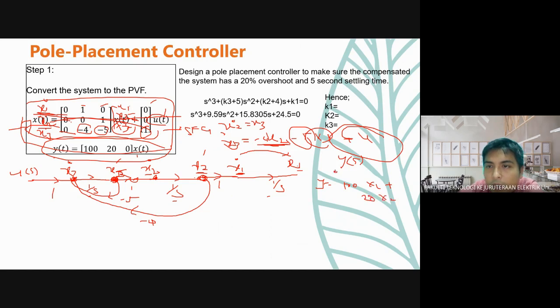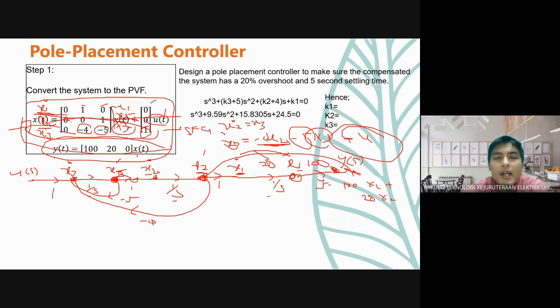So this is your y location here, and this is your x1. The first gain is 100 multiplied by x1, and this is your x2. The gain will be 20 multiplied by x2. So this is your original system signal flow graph.